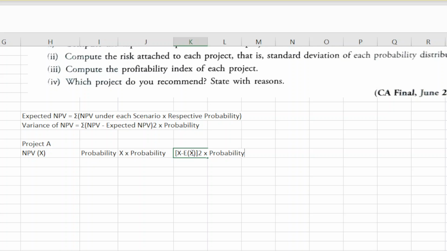The total of this is my variance. So standard deviation is obviously the square root of that.